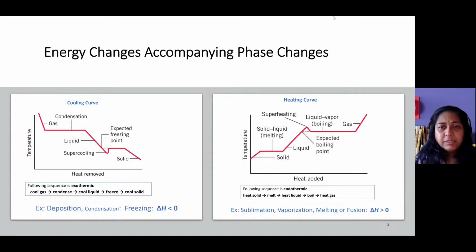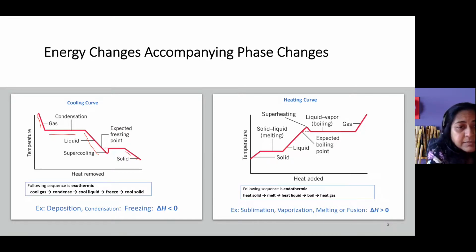Here you will see the two different curves. What would happen if we cool a sample of gas all the way, changing back to a solid? The diagonal lines indicate the temperature changes.